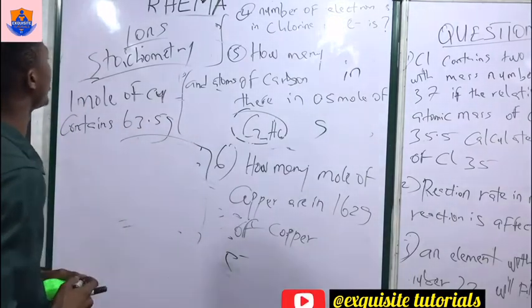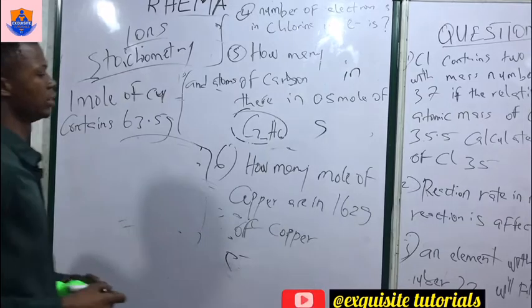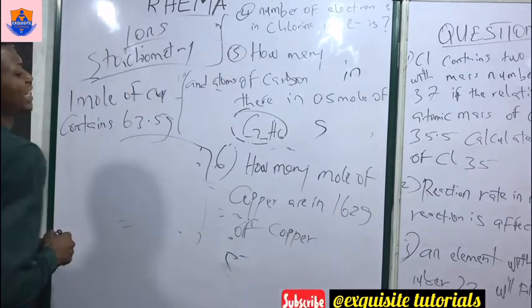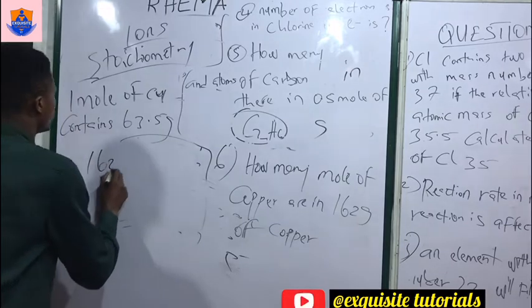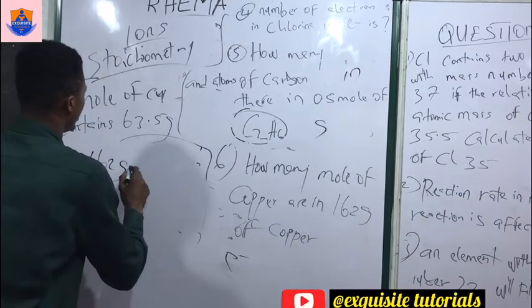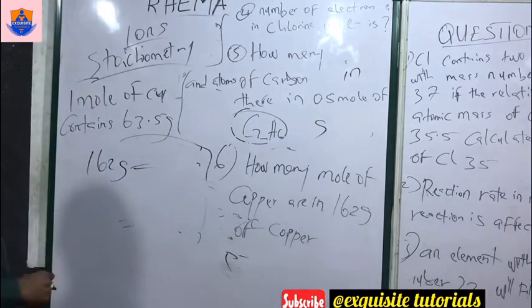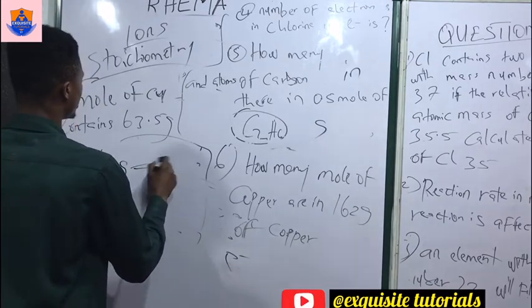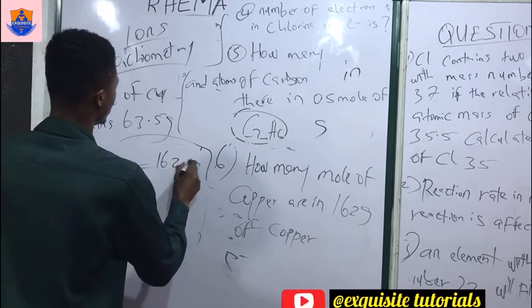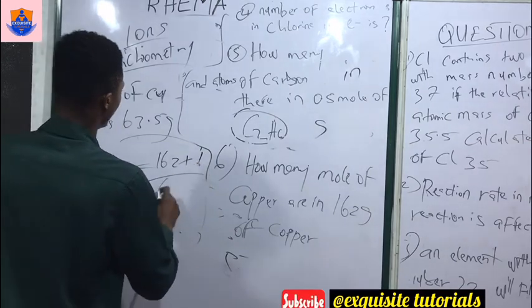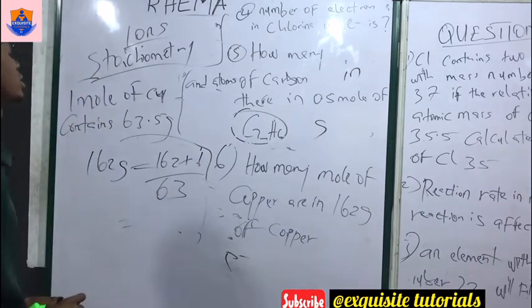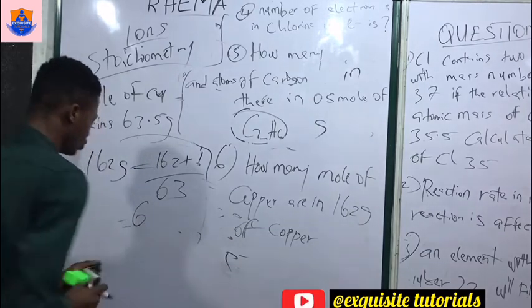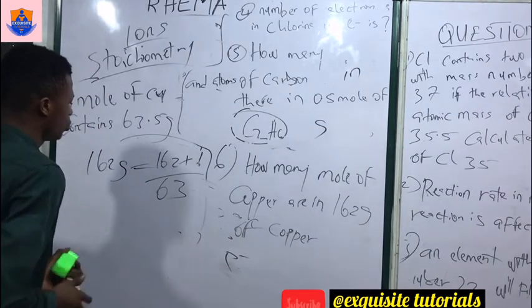Now, if 1 mole equals 63.5 gram, that means 162 gram of copper will be equal to 162 times 1 divided by 63.5, and 162 divided by 63.5 is the same thing as 2.55.